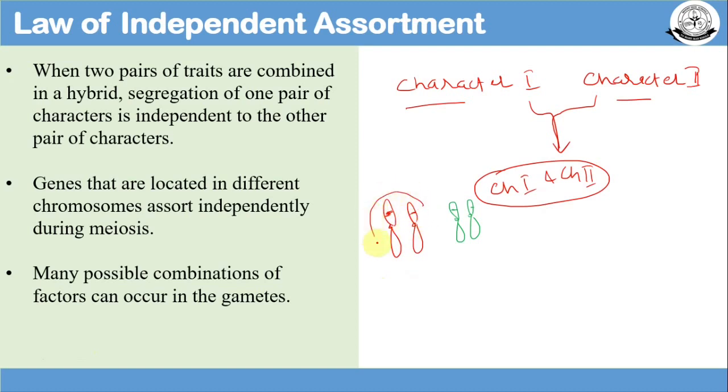Character 1 won't depend on character 2 and character 2 won't depend on character 1, and because of that there are many possible combinations that may occur in a gamete.